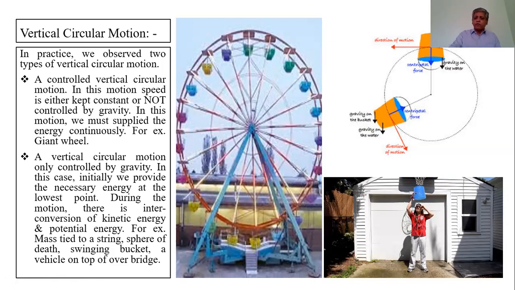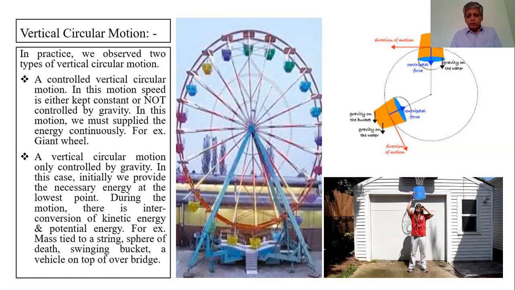But in the vertical circular motion, the forces acting on the bucket as well as the water have the same force, that is the centripetal force. That centripetal force is provided by the gravitational force.